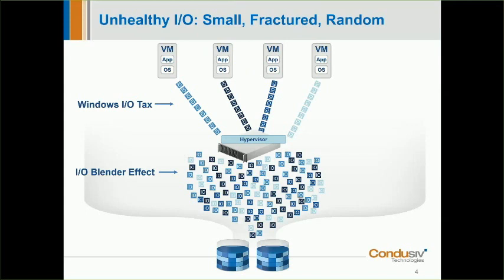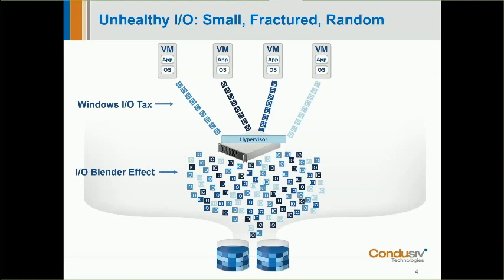And like split pages in SQL, each I/O takes a measurable amount of time and resource to process. In the real world, a gigabyte of storage I/O traffic that should be written in, let's say, 2,000 or 3,000 I/Os could now be taking 30,000 or 40,000 I/Os to complete. And we call the performance penalty that these split I/O situations cause the Windows I/O tax, as in a tax on your performance because of the split I/Os.